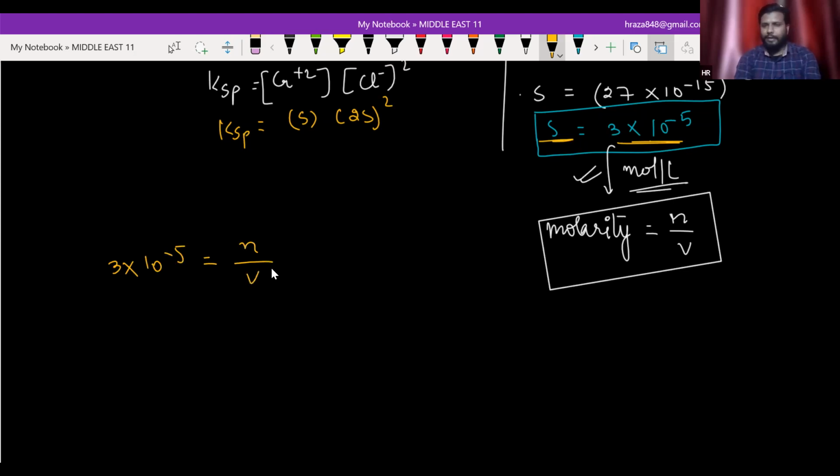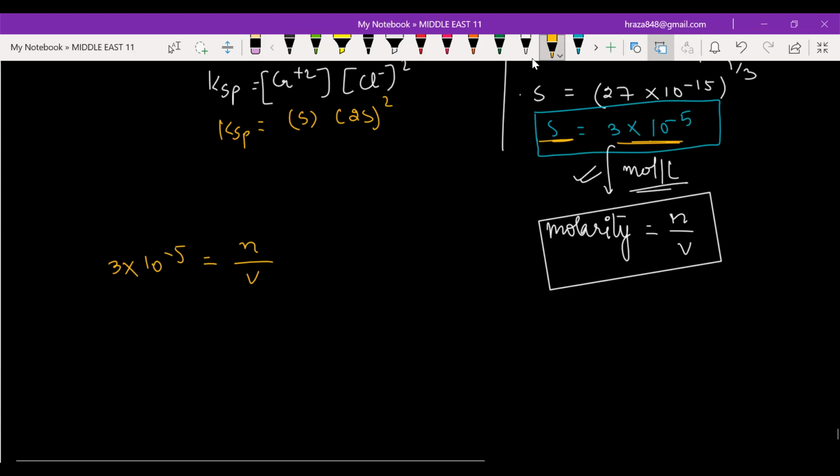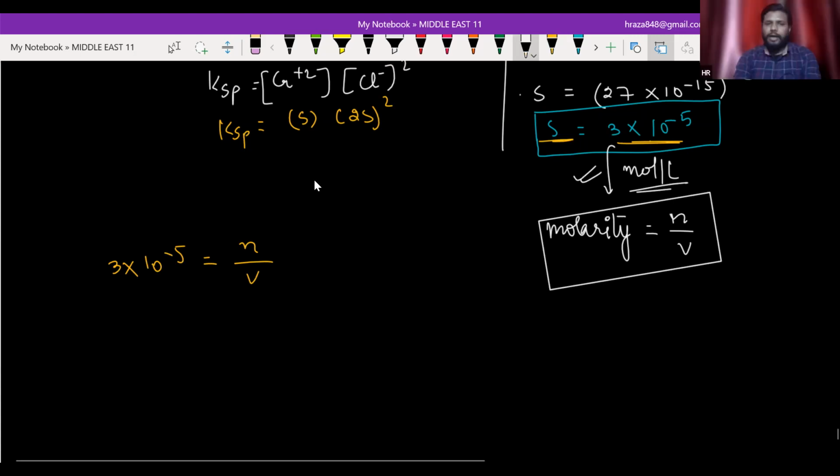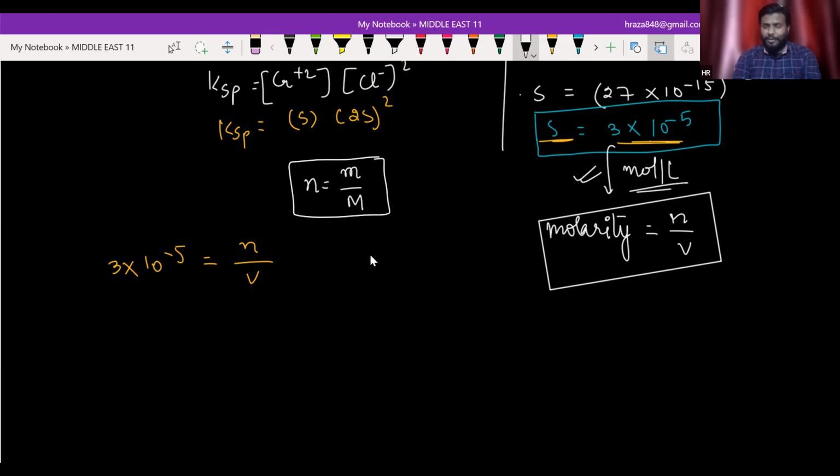Is my voice lagging? Saif, Ifra, Fawaz? Okay. No, sir. Okay, now we know how to find the number of moles: number of moles is equal to given mass upon molar mass. In the question, it was given that we have 1 gram of CaCl2, so the given mass is 1. The molar mass of CaCl2 we can easily calculate.